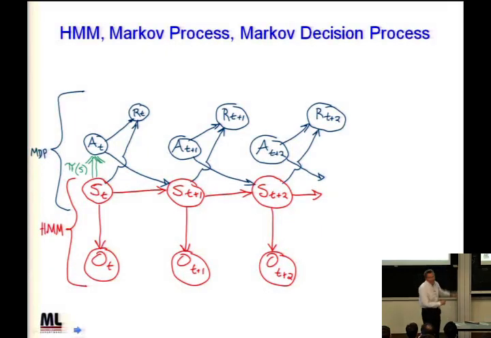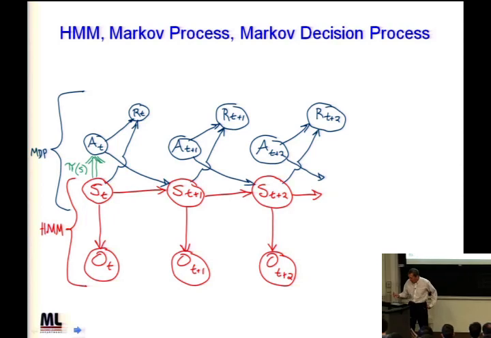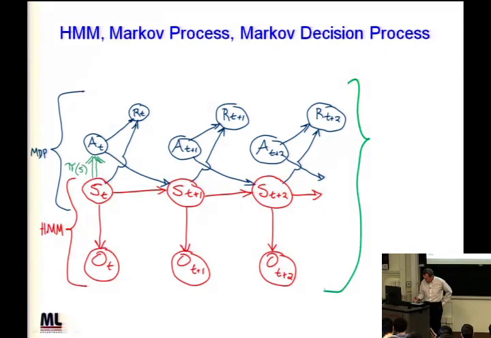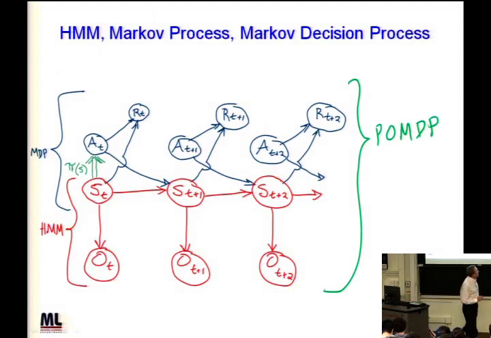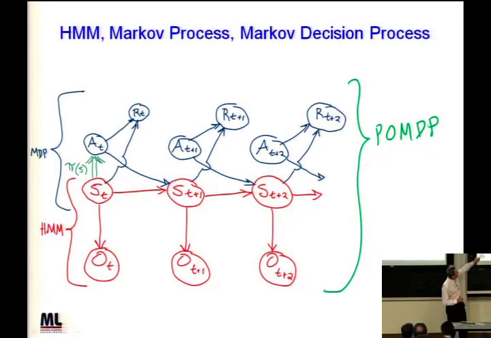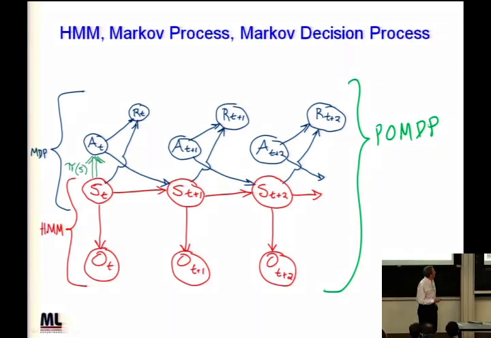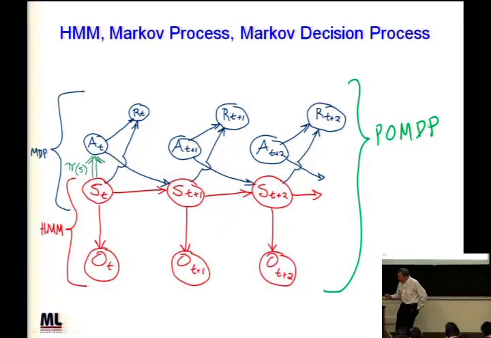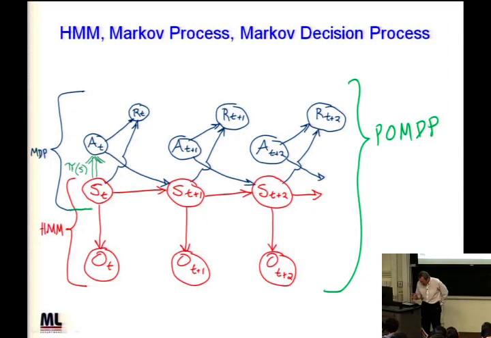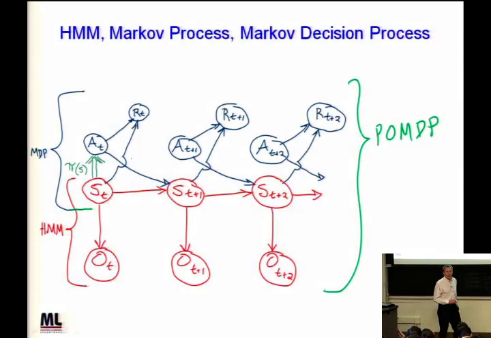The blue part is, well, the full picture is a partially observable Markov decision process, assuming that we can't really observe the state directly, but only observe the outputs the same way we would in a hidden Markov model. If, in fact, we do observe the states, then this portion of it we just call a Markov decision process. Okay, so we talked about this last time.